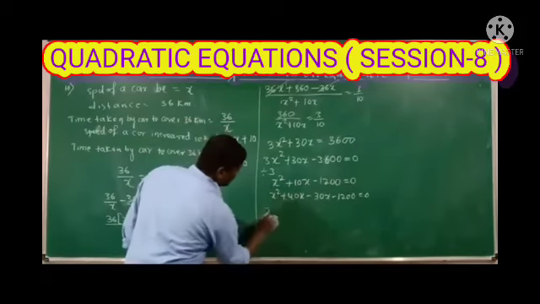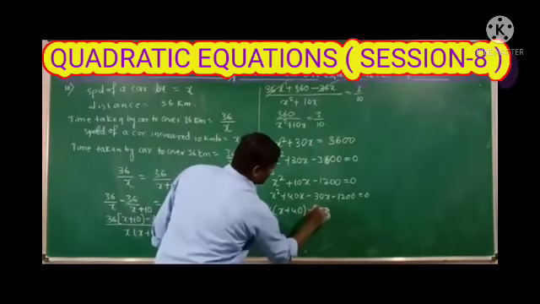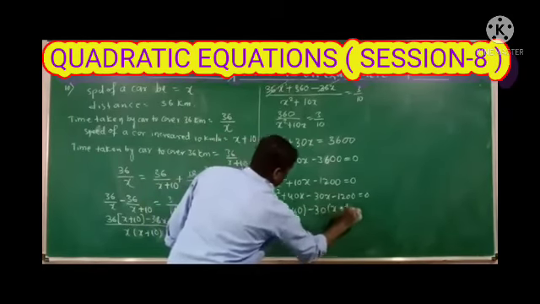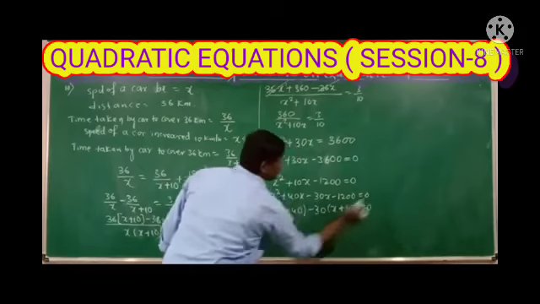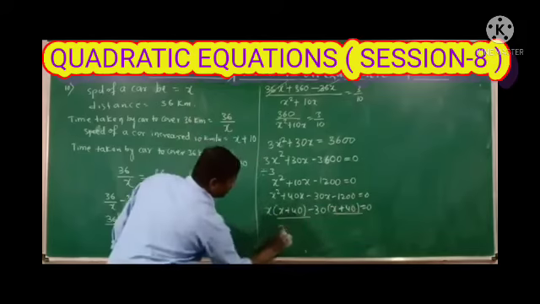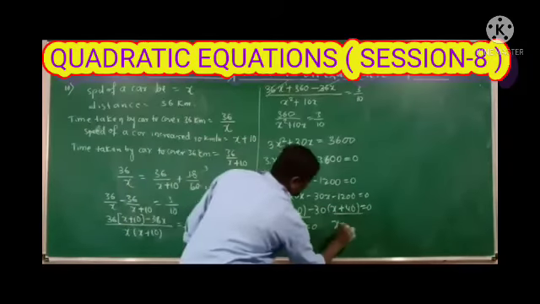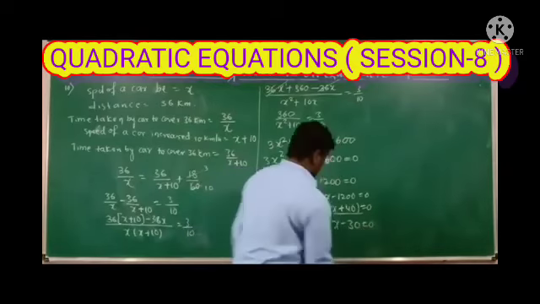In the first two terms x is common: x plus 40. In the last two terms minus 30 is common: x plus 40, which is equal to 0. Again we have common terms here, x plus 40 and x plus 40. So x plus 40 is equal to 0 and x minus 30 is equal to 0.